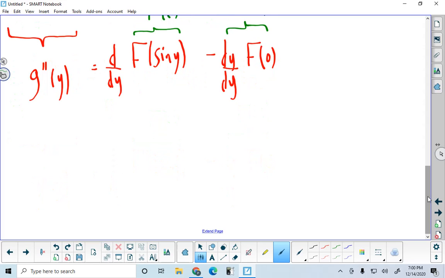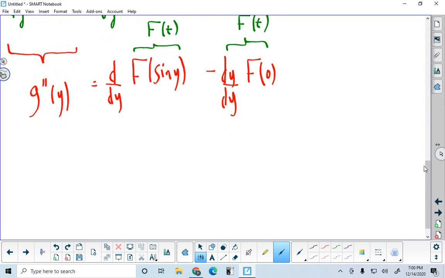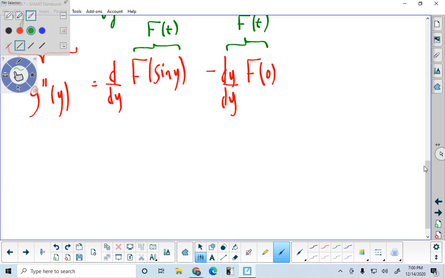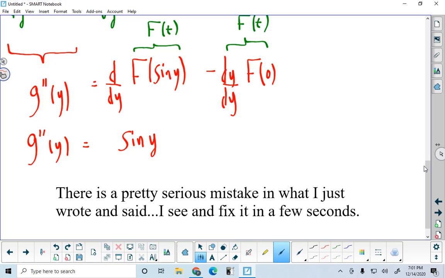Okay, so how do we find the derivative with respect to x? Sorry, I misspoke. We have g double prime of y. I said x. How do we find the derivative with respect to y of a thing? Well, this gets tricky, but the derivative of the antiderivative is simply the thing.